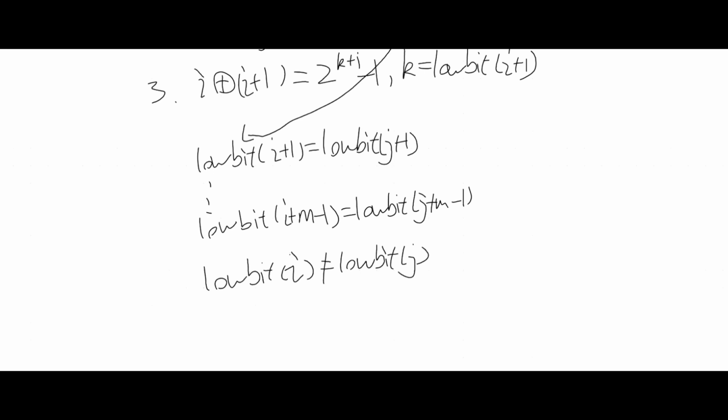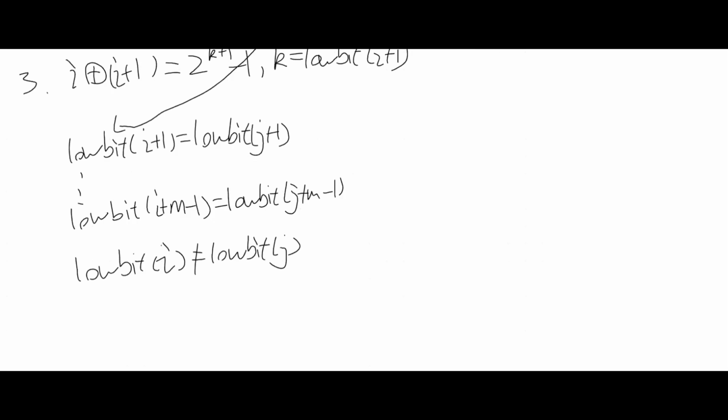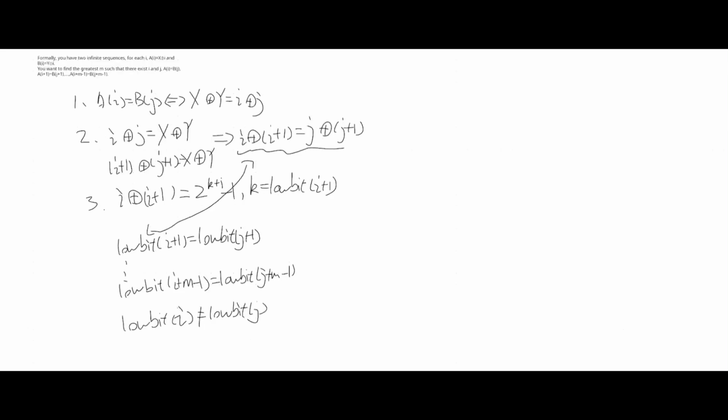If we start from I minus 1 and J minus 1, then M will increase by 1. Therefore, let's suppose the low bit of I is smaller than the low bit of J.